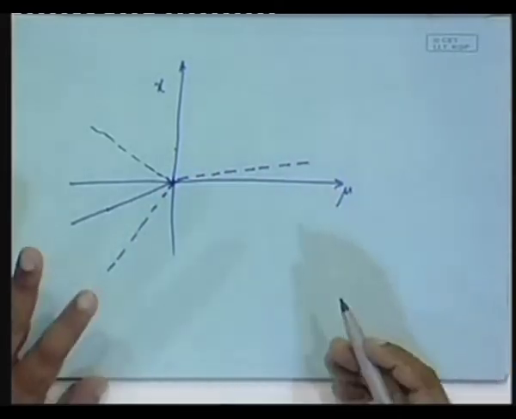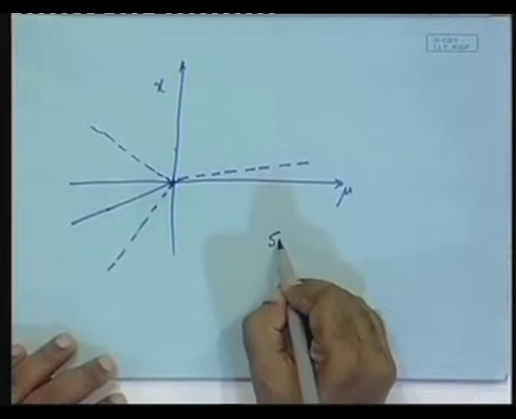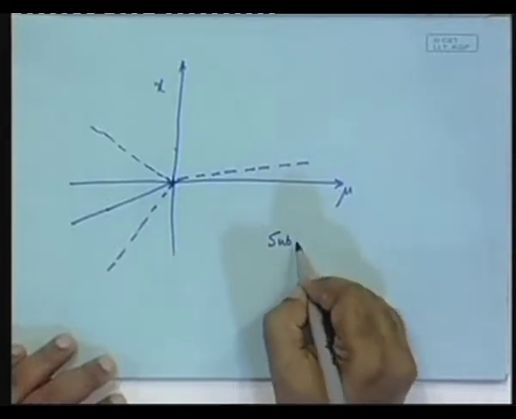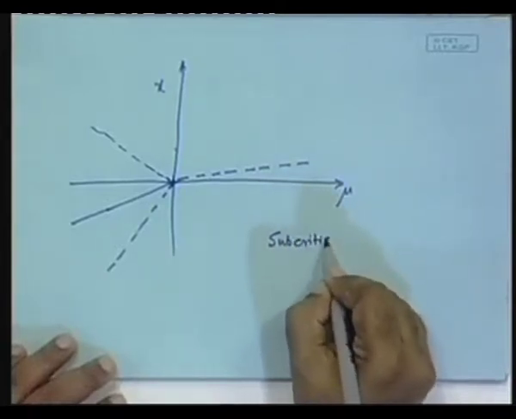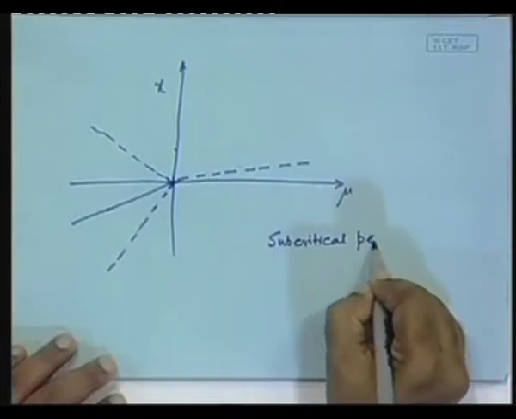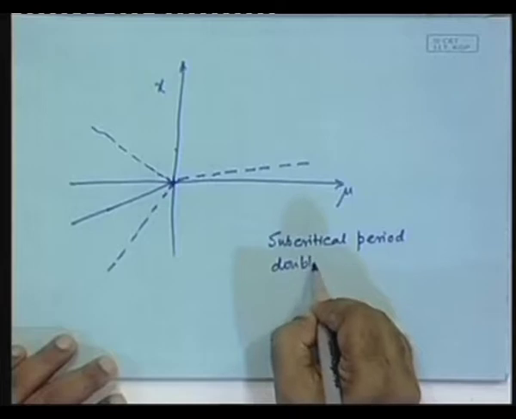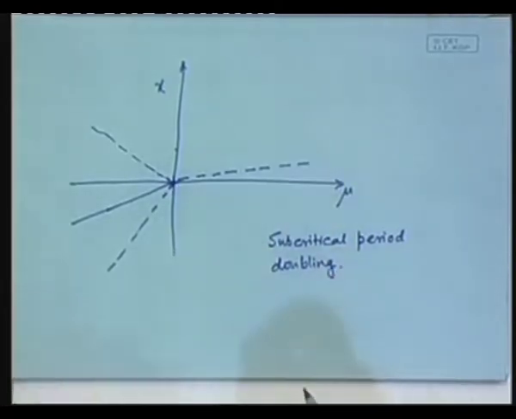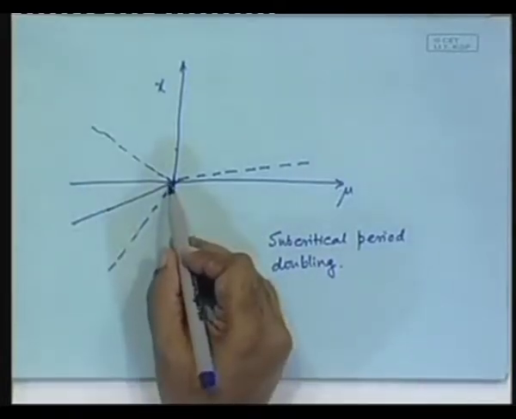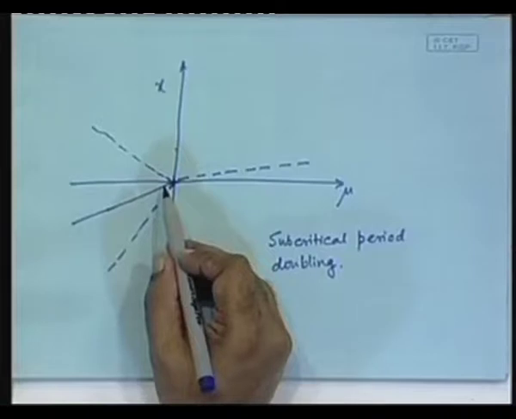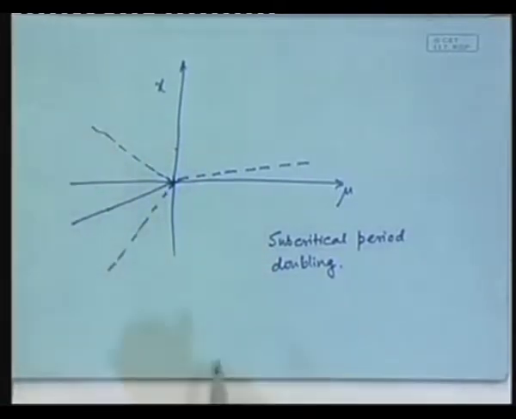So, this is a typical subcritical period doubling. Subcritical means the period 2 orbit exists on the same side where the period 1 orbit was there.